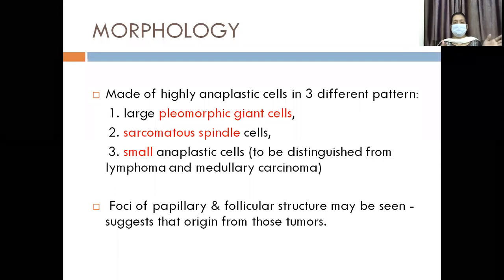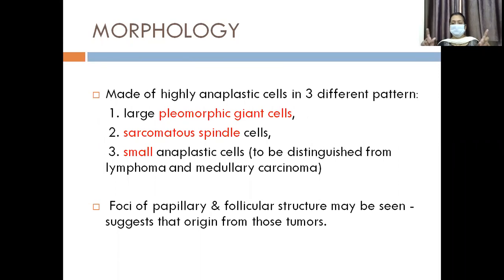So in papillary, you're seeing cystic change, lymph node involvement, papillary structures, nuclear features like orphan Annie nuclei, ground glass, intranuclear pseudoinclusions, and psammomatous calcification. In follicular carcinoma you see compact follicles, and these follicles can cause a breach of the capsule, that's capsular invasion, and vascular invasion.